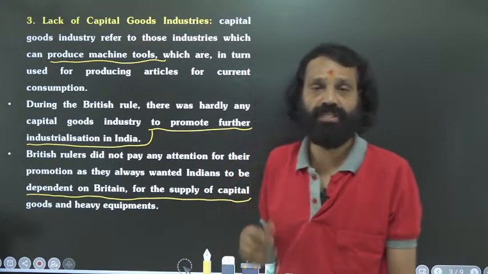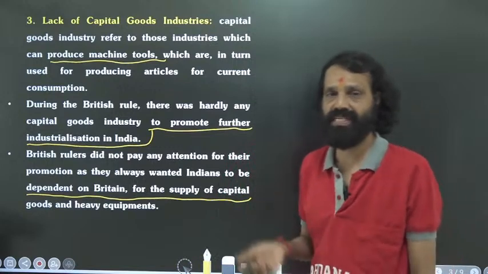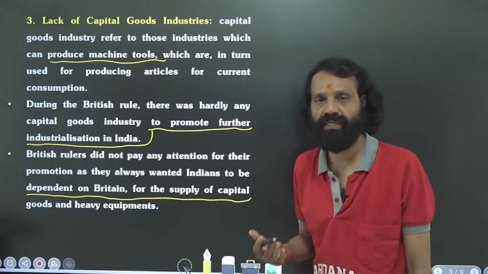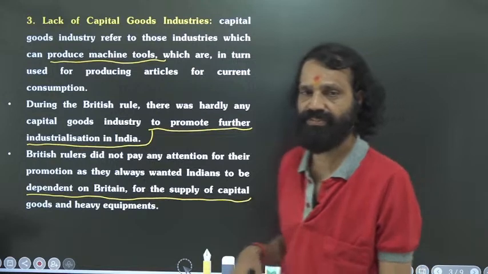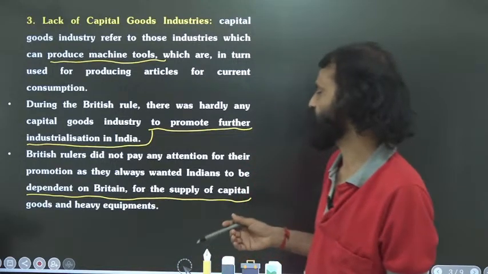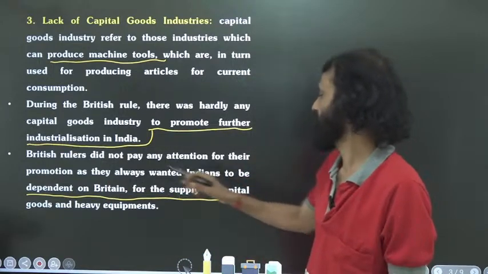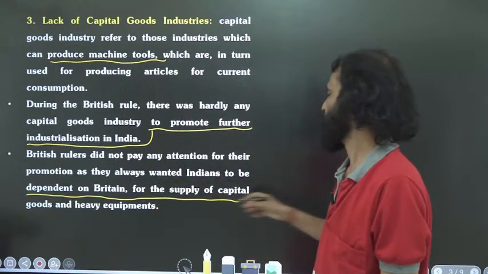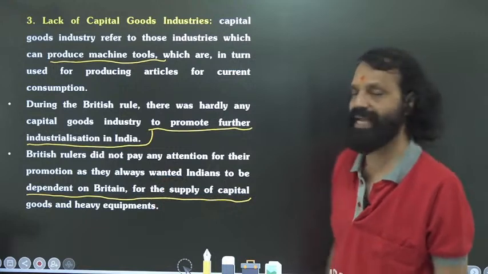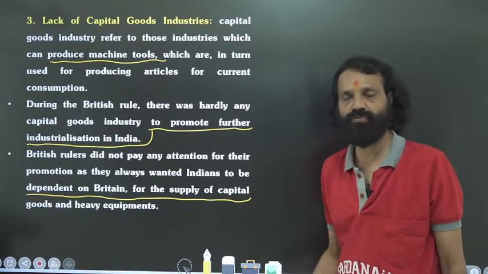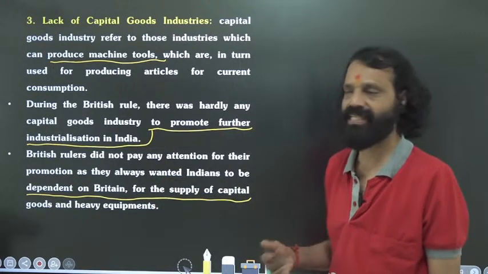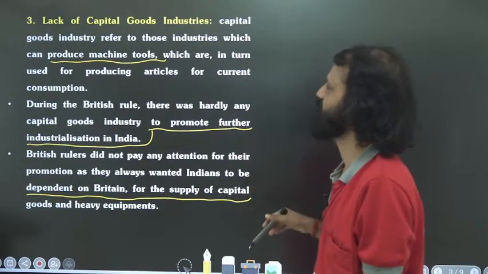If they promote Indian industries, then what will happen? Indians won't depend on Britain for the supply of capital goods and heavy equipments. That is why they didn't promote industrialization inside India.